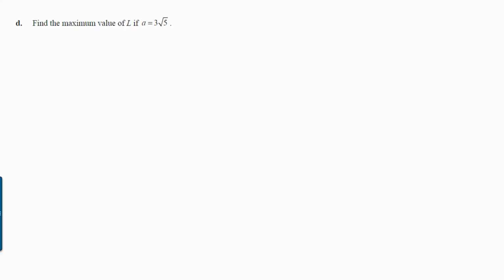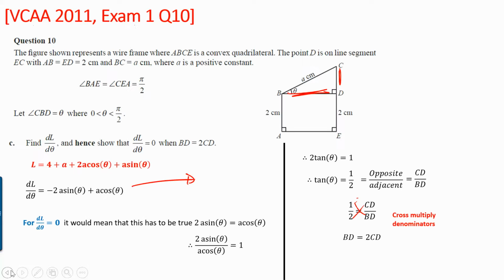Oh, Roberto. Can you work it the other way, assume BD equals 2 CD and then show that?